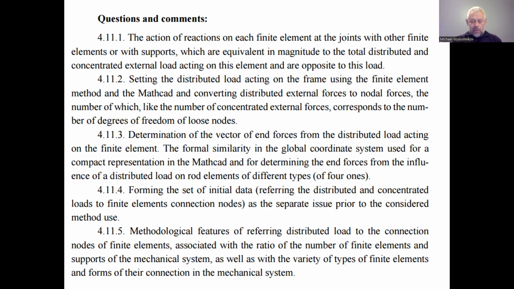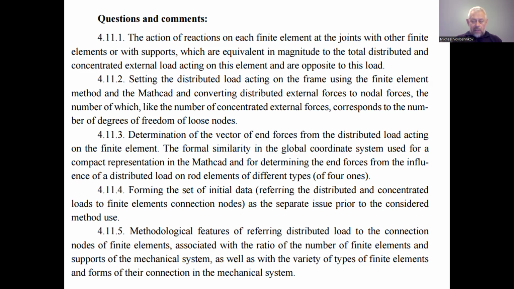In the formal specification in Mathcad approaches and within the finite element method, given the number of supports of the mechanical system and the variety of types of finite element, we have to consider finding the bending moments, the end forces, etc. We can use the standard formulas from the directories and textbooks, and to do that, we have to decide what type of finite element we consider.